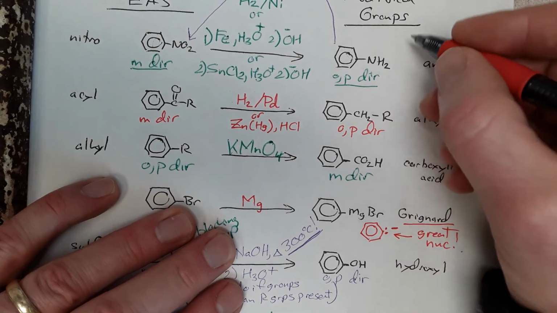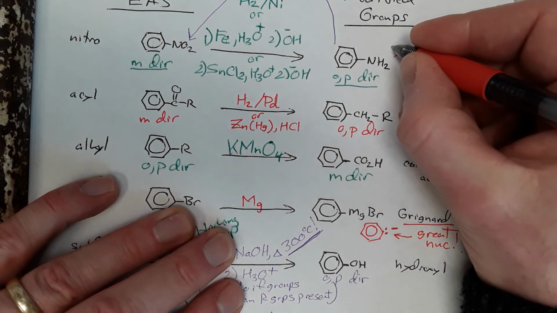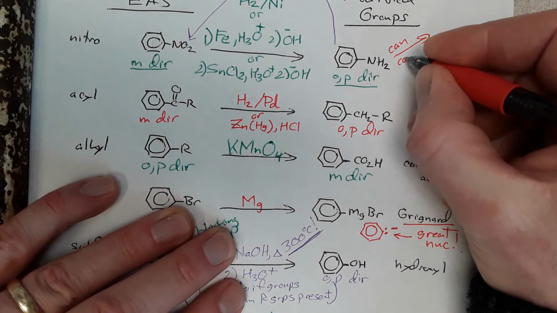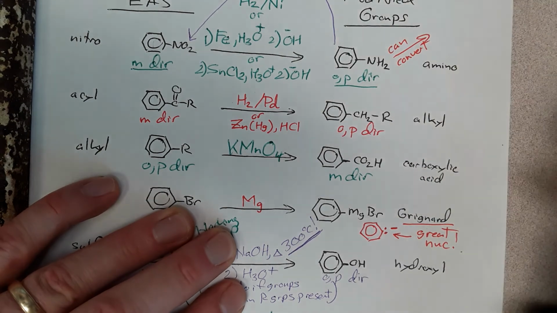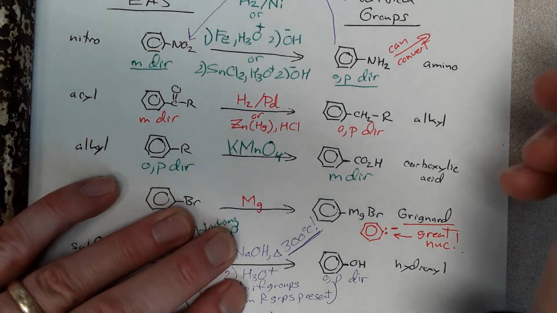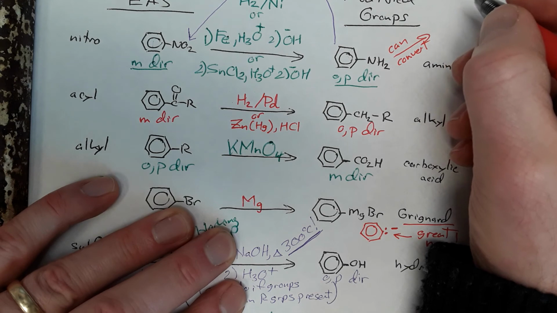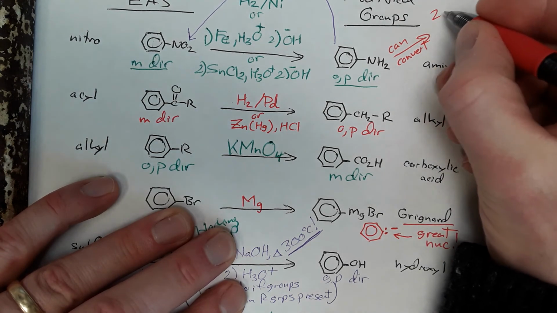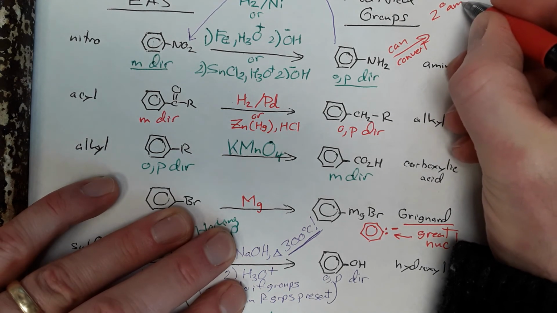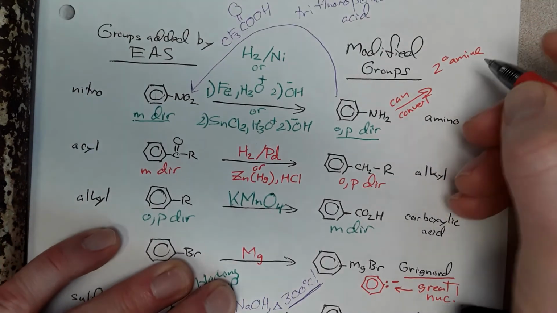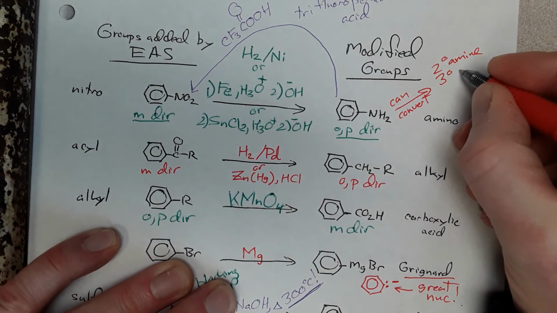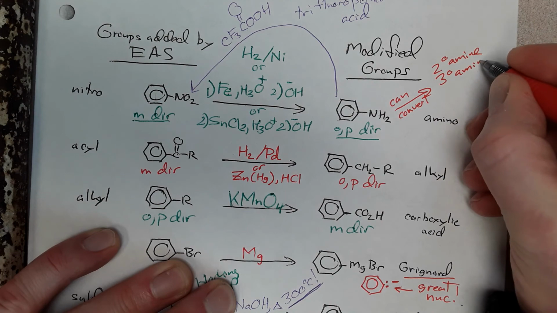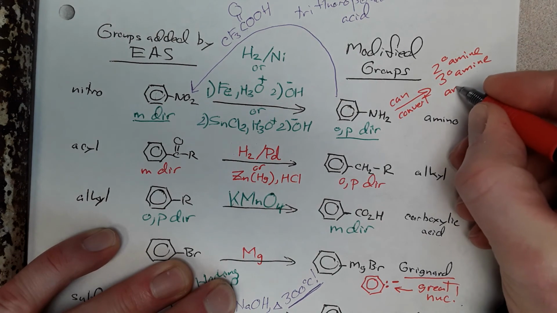If you have an amine here, you can add alkyl groups on there, so you can convert that to form a secondary amine, a tertiary amine, or an amide.